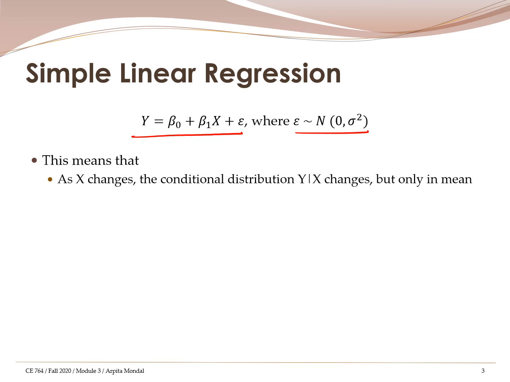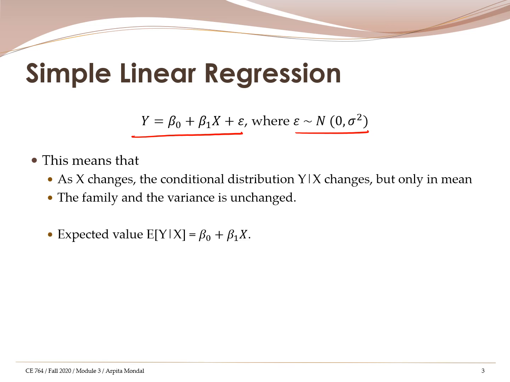Sigma square is constant. So the change in the conditional distribution is only in mean. The family and variance remain unchanged. And the expected value of that conditional distribution is the conditional expectation mu y given x, which is given by beta naught plus beta 1 times x.